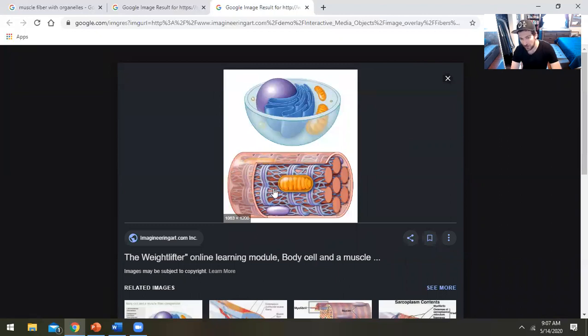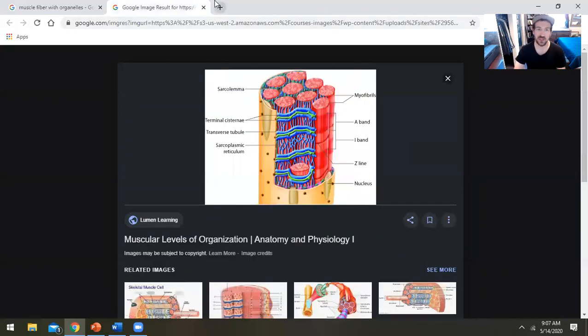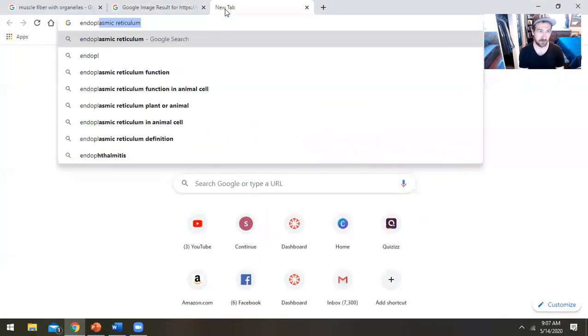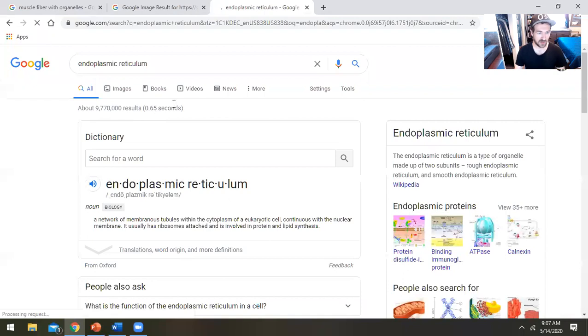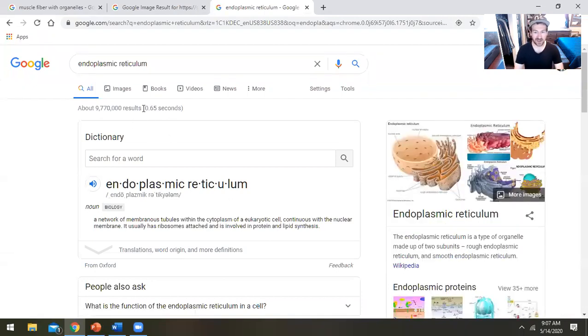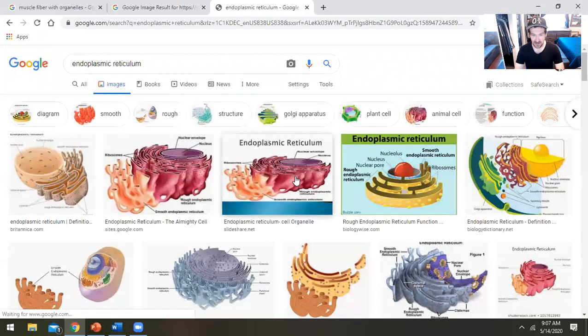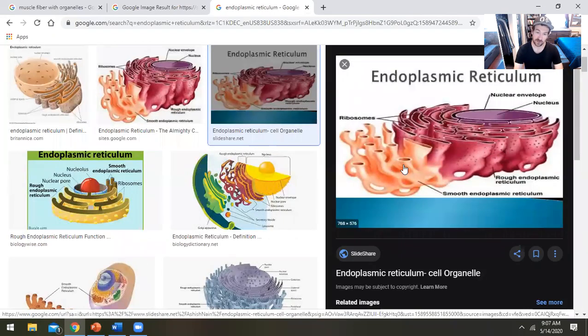But if you look at a muscle cell here, we have a specialized version of this. If you look at your endoplasmic reticulum, it's there near the nucleus, and again, you've got two versions: a rough endoplasmic reticulum and a smooth endoplasmic reticulum.